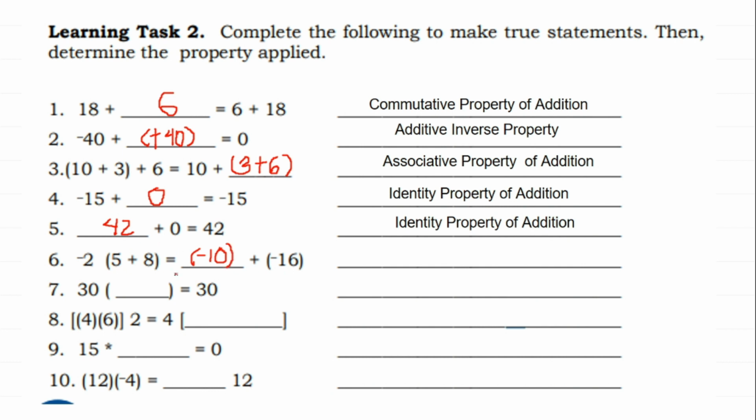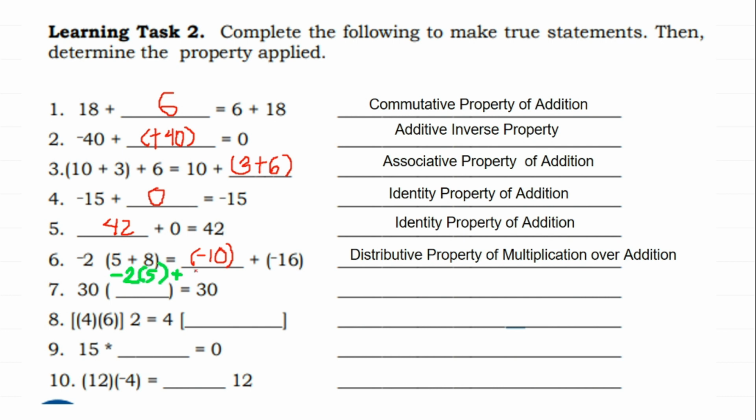Kapareho nitong kabila. So, titingnan natin anong property ang in-apply natin dyan. So, we apply there the distributive property of multiplication over addition. Kasi kung makikita natin, sabi natin kanina, ito ay pwedeng negative 2 times 5, plus yung negative 2, ita-times din natin sa positive 8, diba?